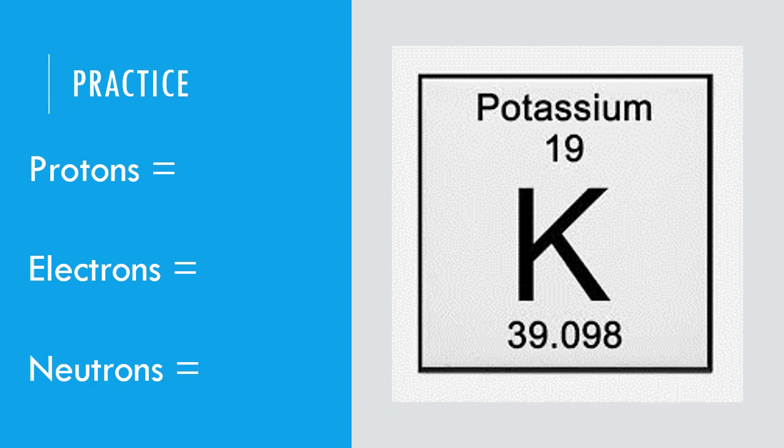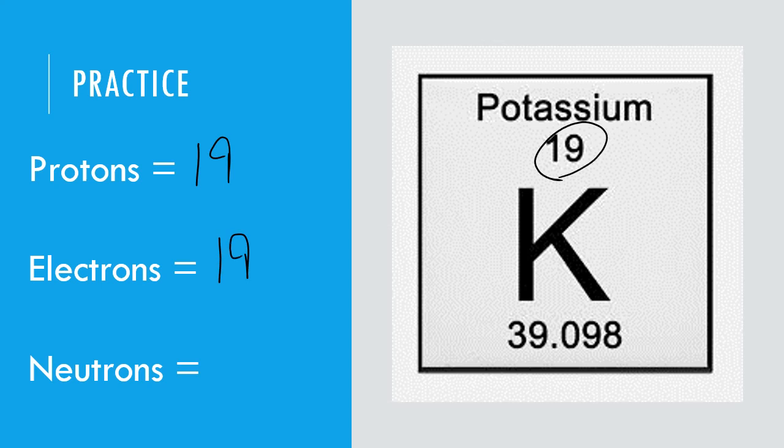Practice again with potassium. So we're going to do APE. So atomic number. Let's locate our atomic number right here. And so that's going to tell us our protons and electrons. So our protons, 19. Our electrons, 19, because they are going to be the same once again. And now we got to figure out our neutrons.